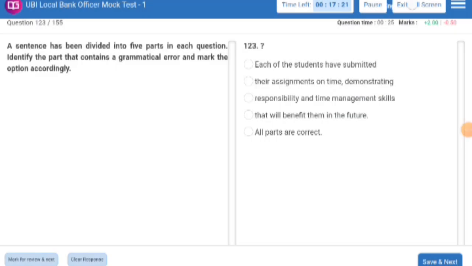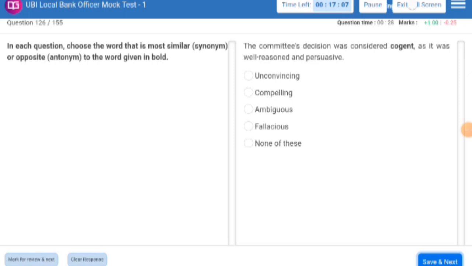Each and every student, that will benefit them. The committee's decision was considered as it was well reasoned and present.